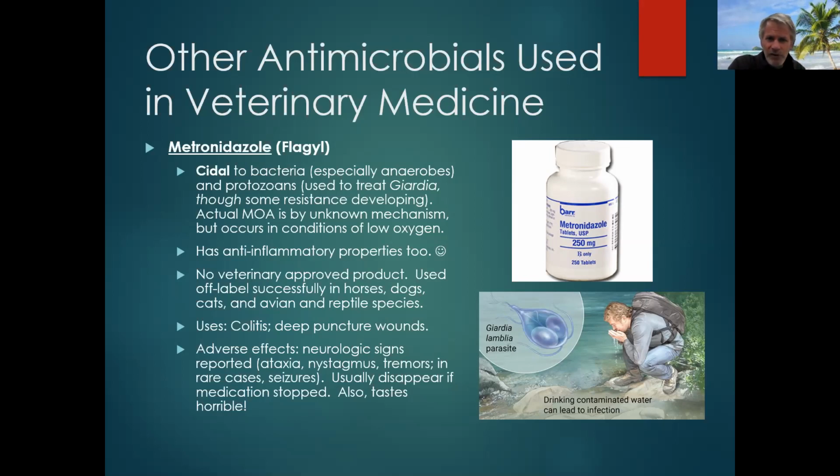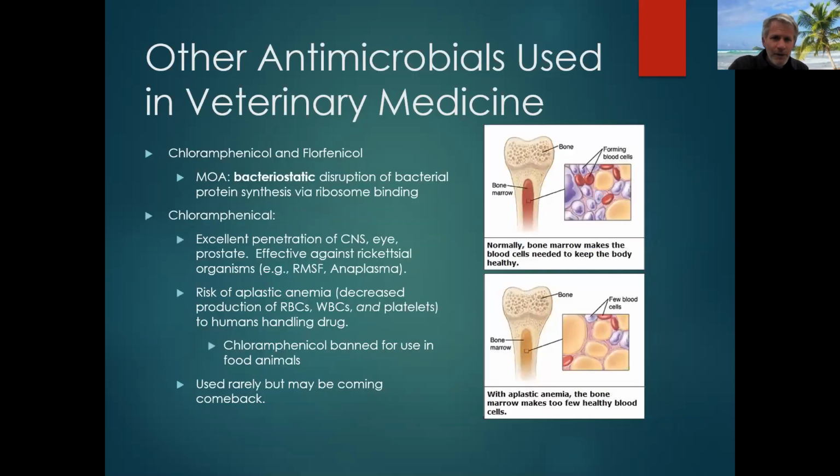And usually within hours or days, those signs go away. One important thing we mentioned a few weeks ago is this stuff tastes horrible. It is so bitter. And so if a dog or a cat bites into it, they are just going to start drooling like crazy. So we sometimes make this in a liquid form to try to disguise this really horrible bitter taste.